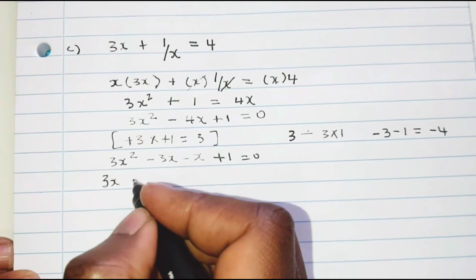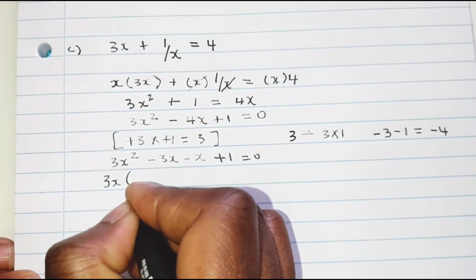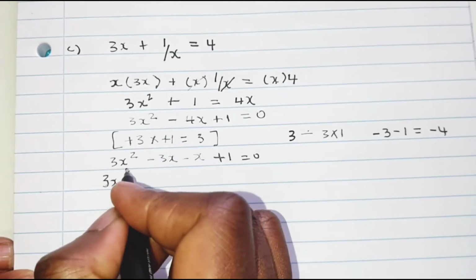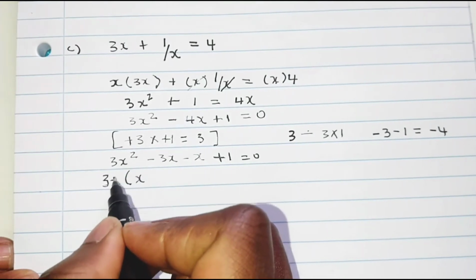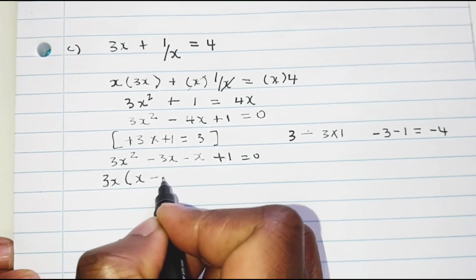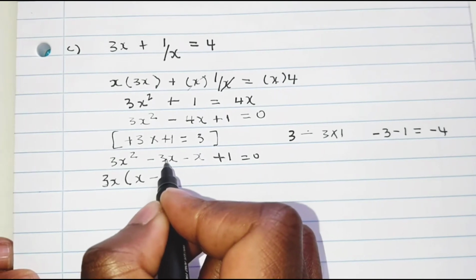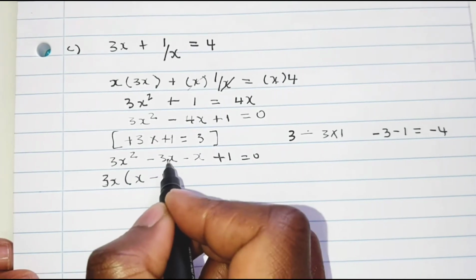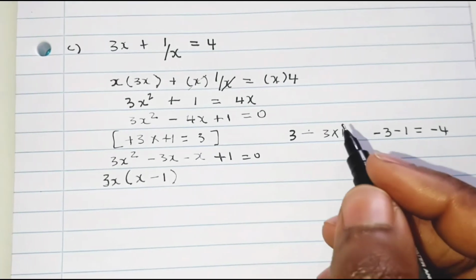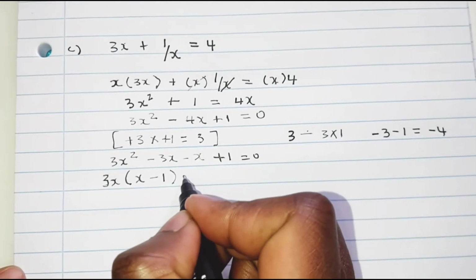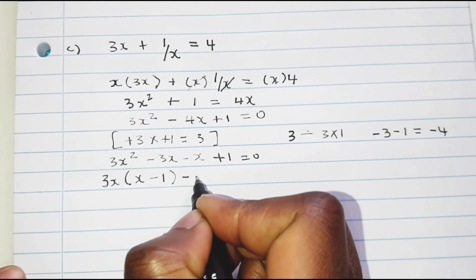It's going to be 3x, open bracket. What's the remaining here? It's 1x, right? Minus 1. This has been replaced, right? Because it was a common factor. So we're going to close our bracket and say negative 1.